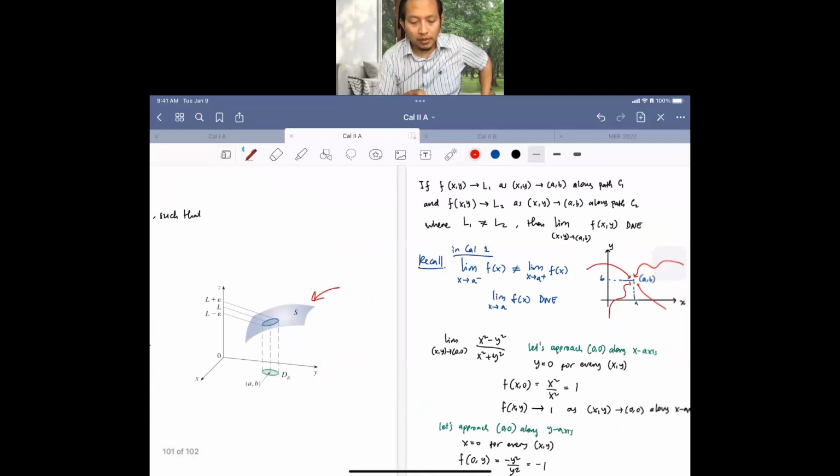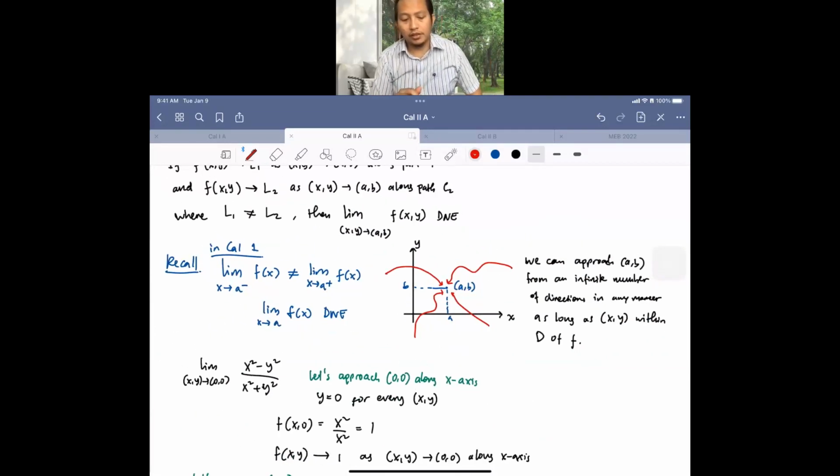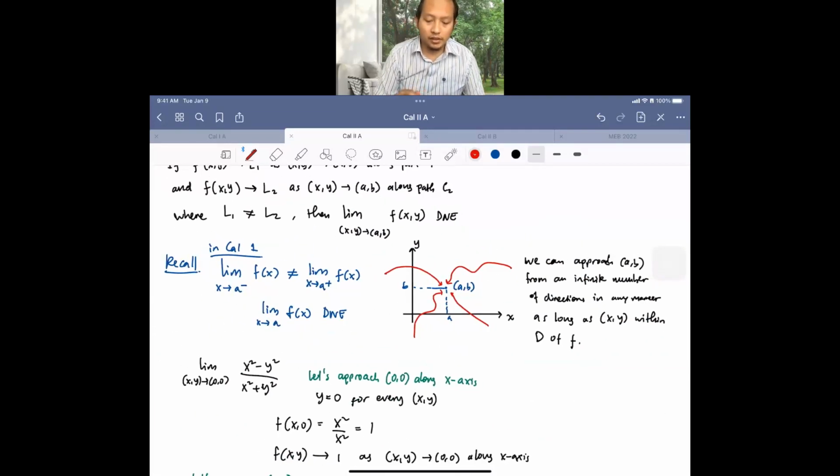Now by doing so, we can imagine if we have a limit, then our limit can be approached from any possible path.